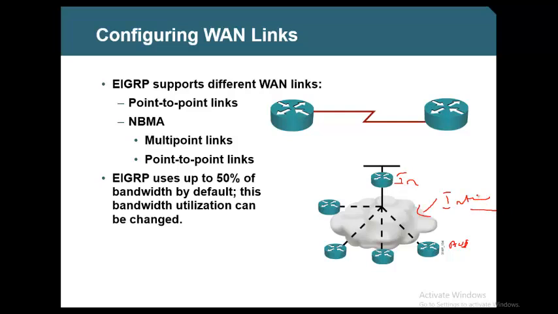So over the path that you might have constructed between India and Australia, 50% of bandwidth is going to be taken by EIGRP for its exchange of information between these two routers. Right? So by default, 50%.